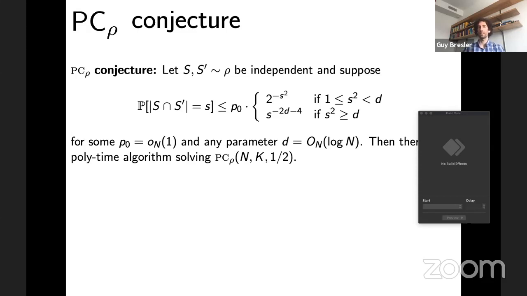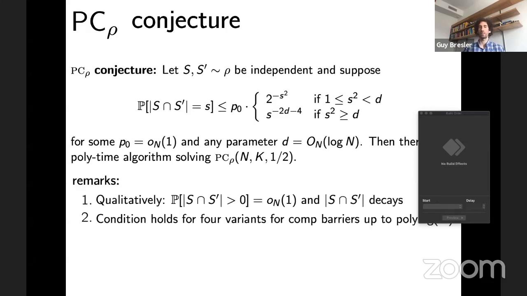And if this probability mass function decays at a certain rate, then the conjecture is that there is no polynomial time algorithm. And so this is a clean conjecture that includes the special cases for the various specific instances that I mentioned before.